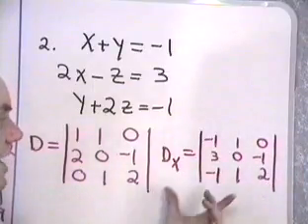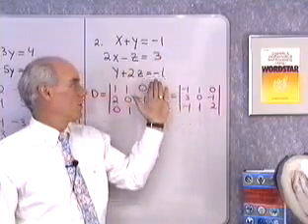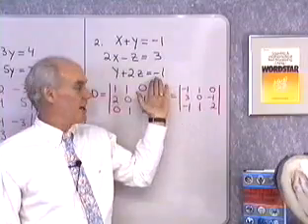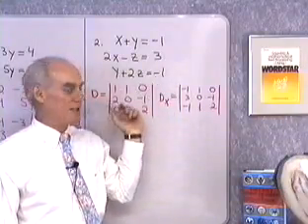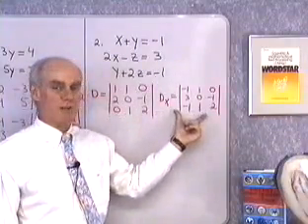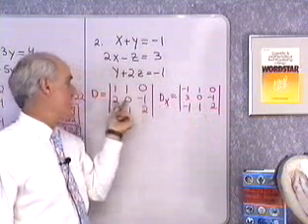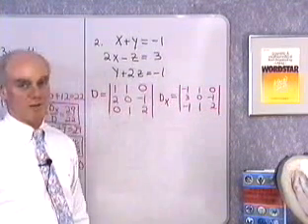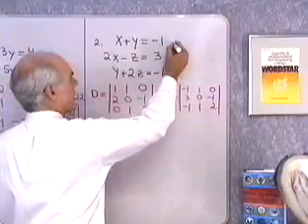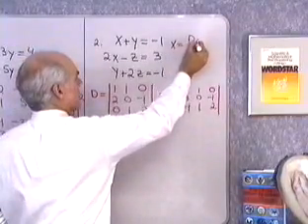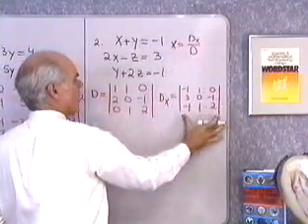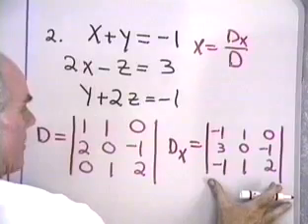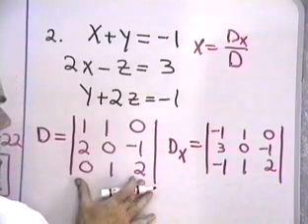So that's d sub x, and now the x-coordinate of the point where these 3 planes intersect is d sub x divided by d. So x is equal to d sub x divided by d, where d sub x is what I get when I evaluate this, and d is what I get when I evaluate this.